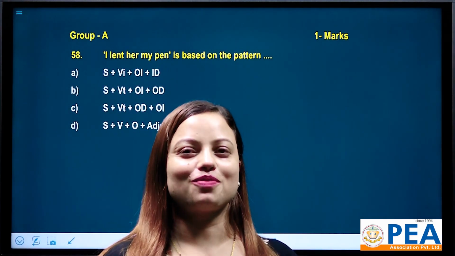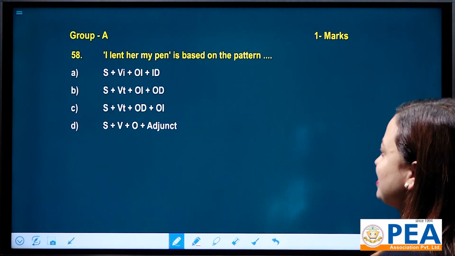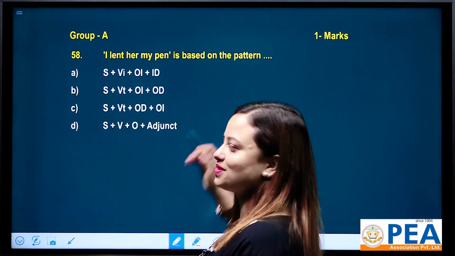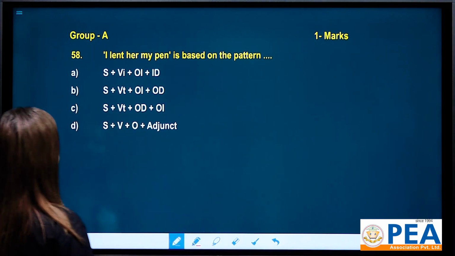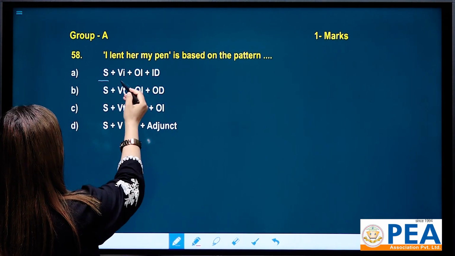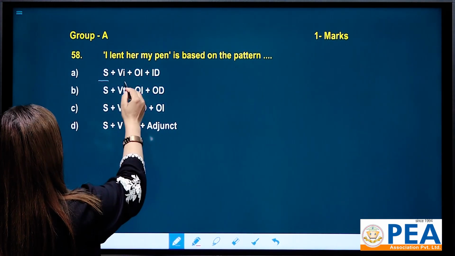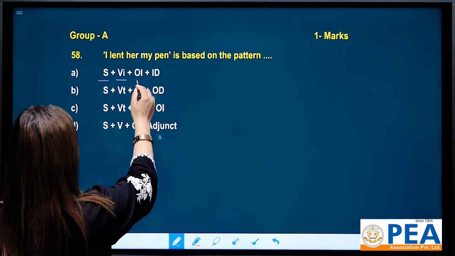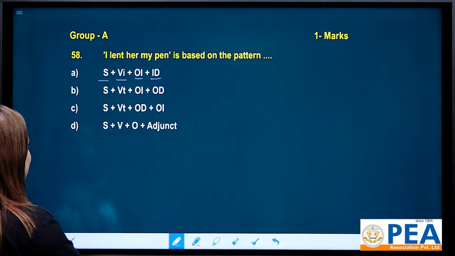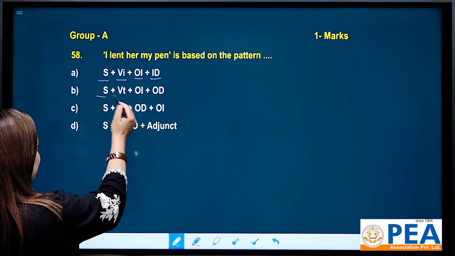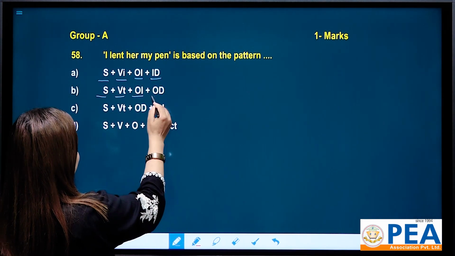Now this is the turn of question number 58, and the question is, I lent her my pen is based on the pattern. Okay, we have four options. Option first says it has subject, and in terms of second there is intransitive verb, third indirect object, and last one is direct object. Second says subject, transitive verb, indirect object, and direct object.